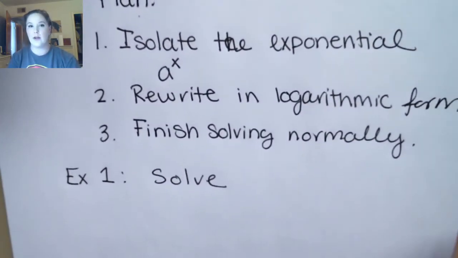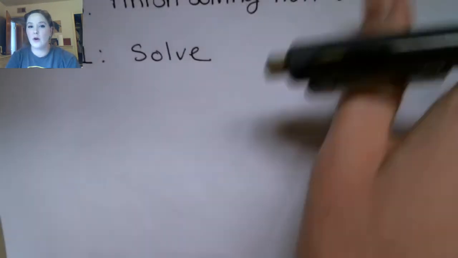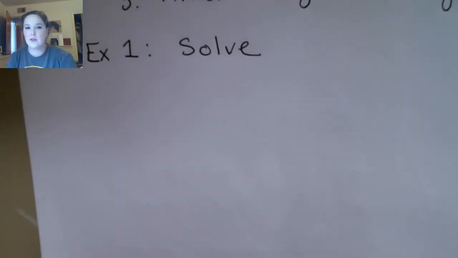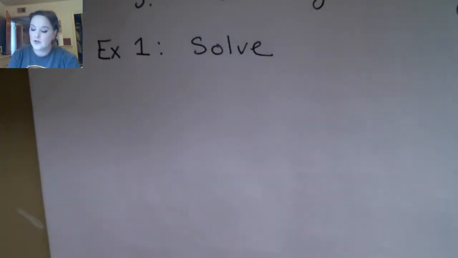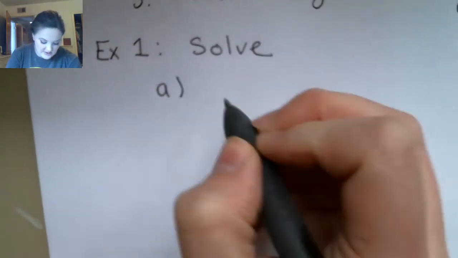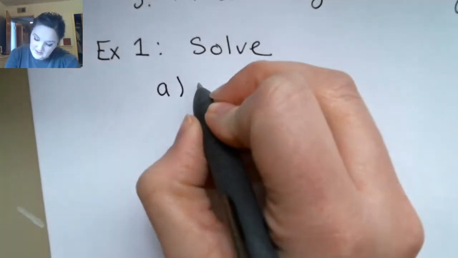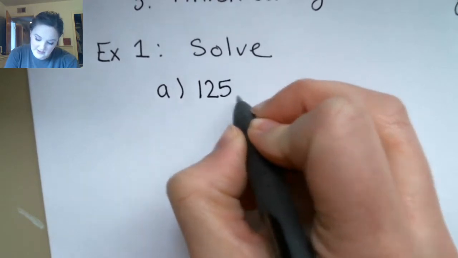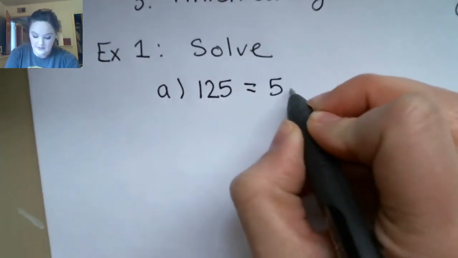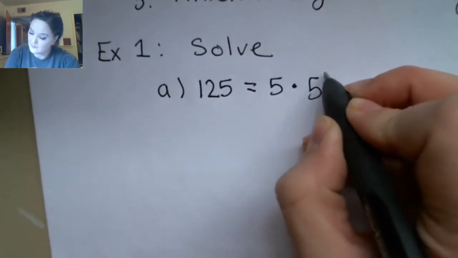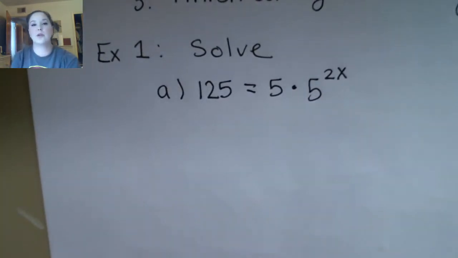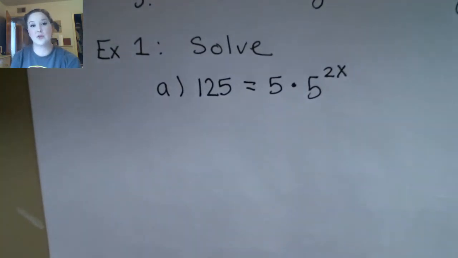But before we do that, we are going to look at examples that are pretty easy. I understand that you could solve these using that same method that we talked about last time, equating exponents. We're just going to use these easy examples to show you how you're going to do this.